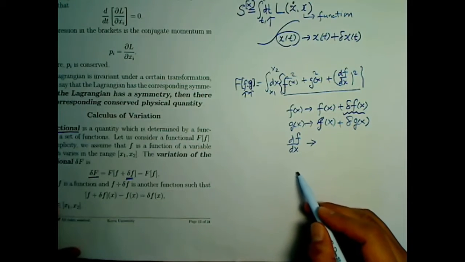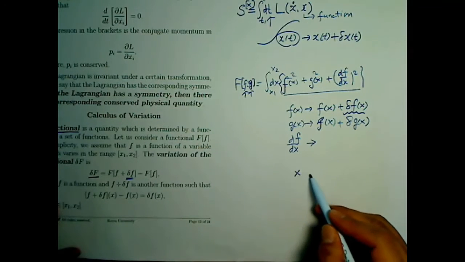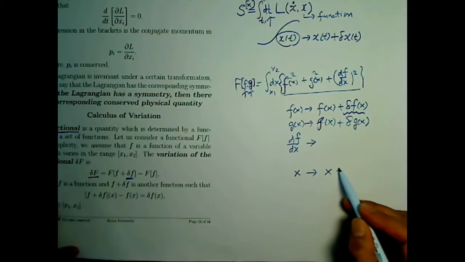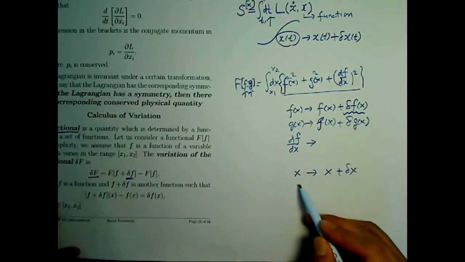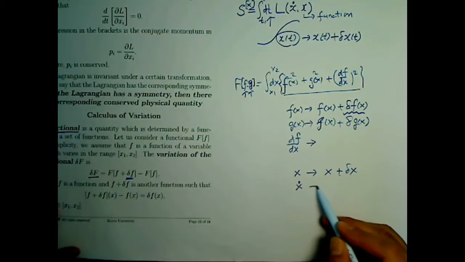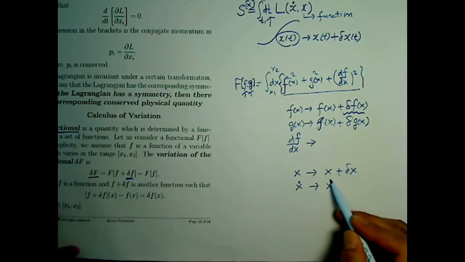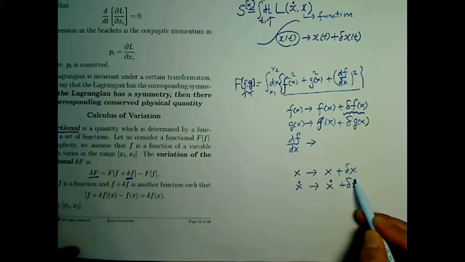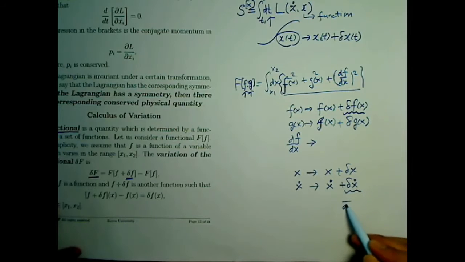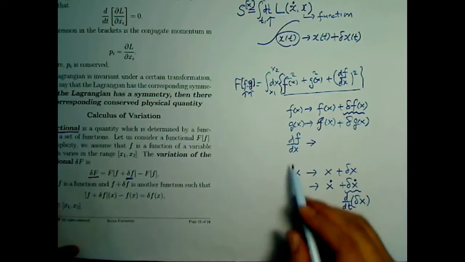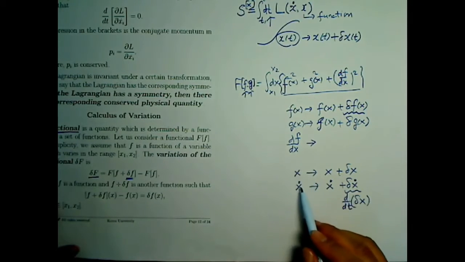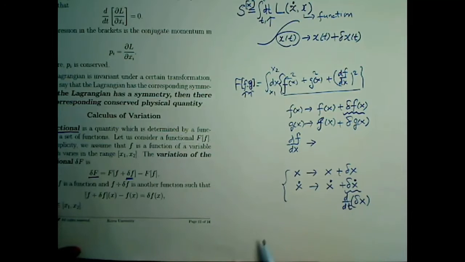We remember x is varied to x plus delta x. x dot is varied to x dot plus delta x dot, where delta x dot is d/dt of delta x, right? Something like that. This x behaves like t in the Lagrangian formalism.